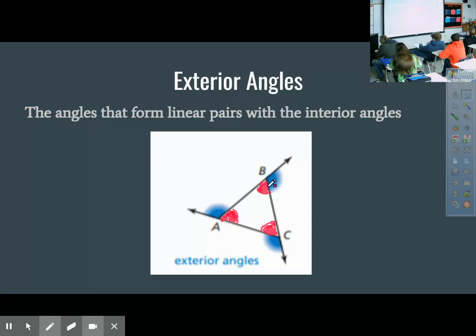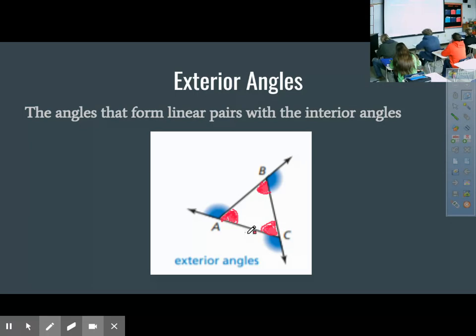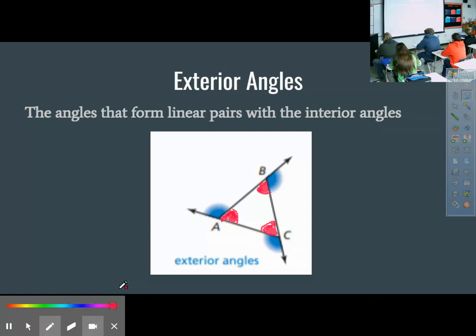A linear pair means they're right next to each other and they add up to 180. They're adjacent and supplementary. Okay, so hopefully this is what your picture looks like on the top. You might not have used red and blue. And I just want to show you, depending on which sides you extend, you could have 2 different exterior angles.